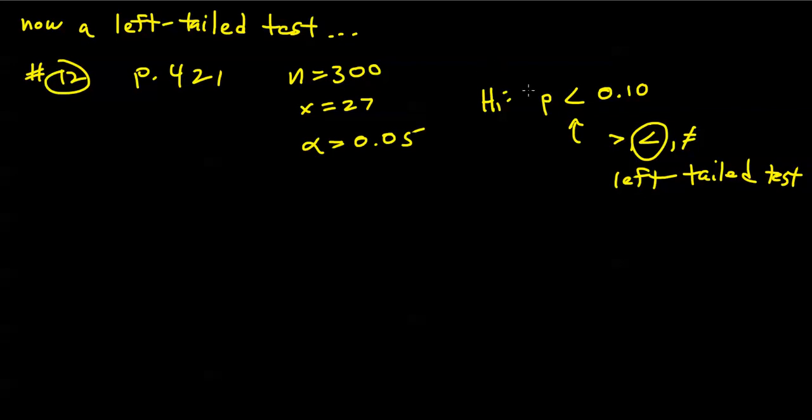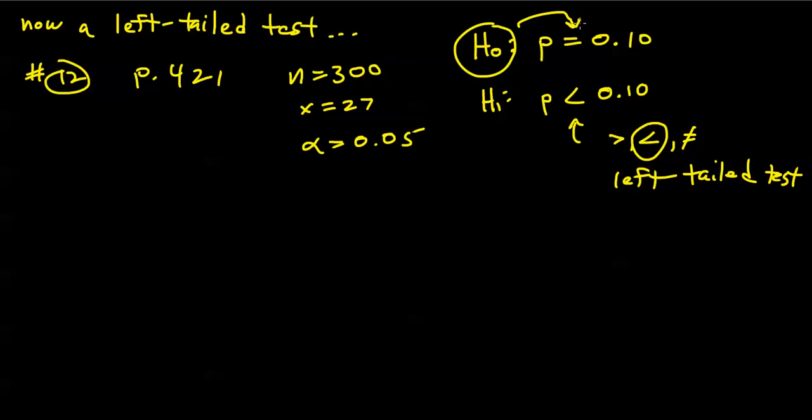All right. Well, if H1 is the claim that p is less than 0.1, H0 is left for us to figure out. Well, remember, H0 is always the corresponding equality statement. Remember, H0, the null hypothesis, always is an equality statement.